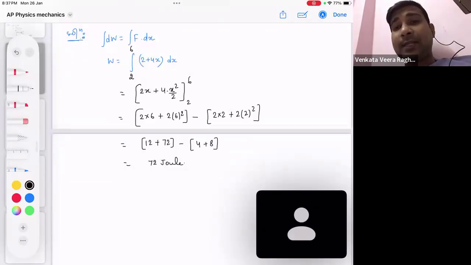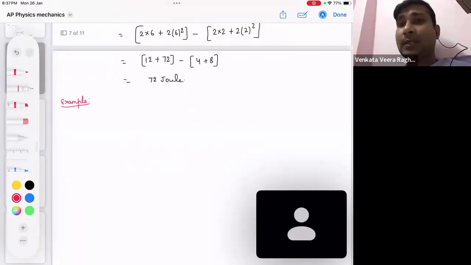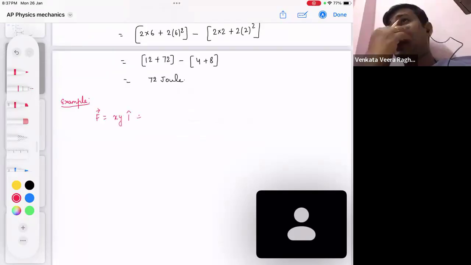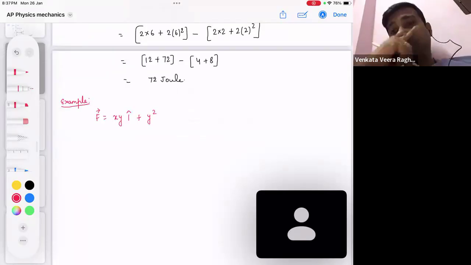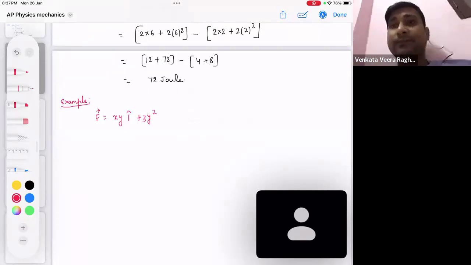Okay, let's take a little bit different example of variable force. Okay, if force is given to us like this: xy i cap plus, let's say, 3y square j cap.